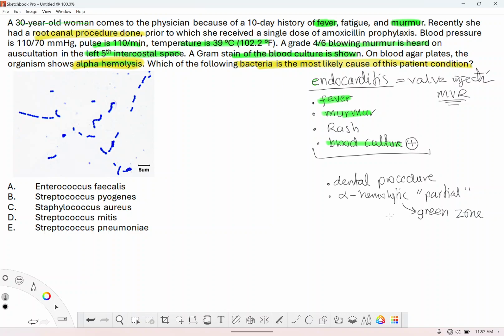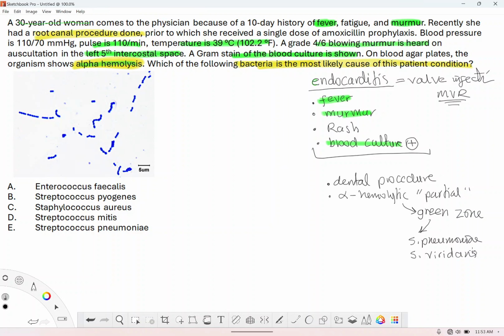There are only two bacteria that are alpha hemolytic: Strep pneumoniae and Strep viridans.